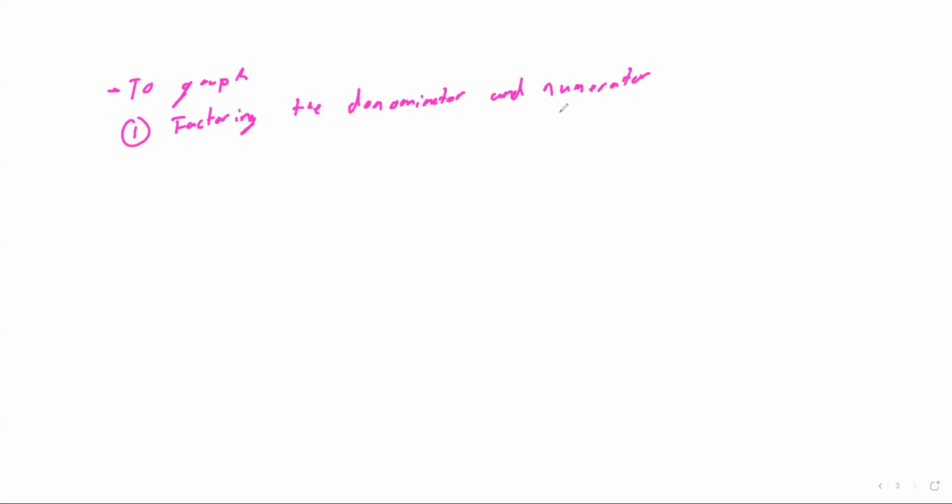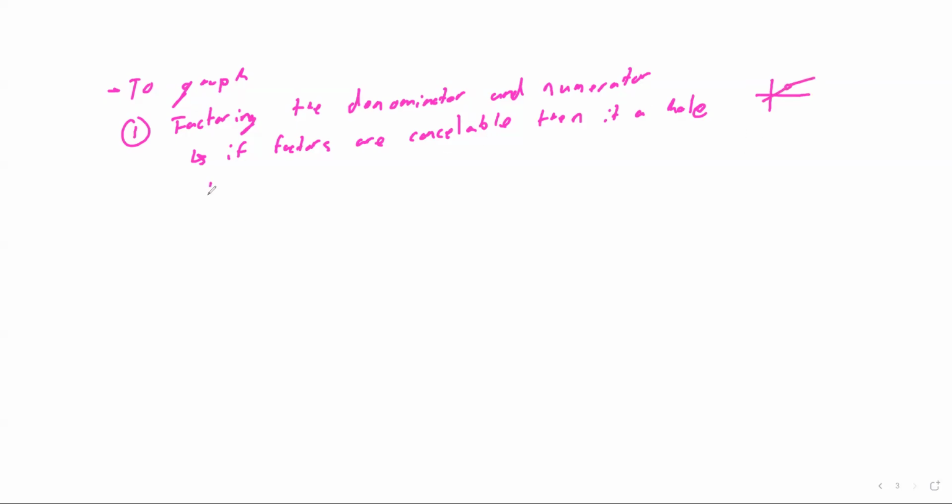All right, once you've factored the numerator and the denominator, this will help us know if factors are cancelable, then it has a hole, which basically just looks like this. It just has a hole in the graph.